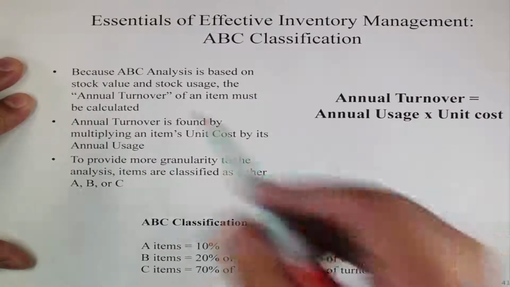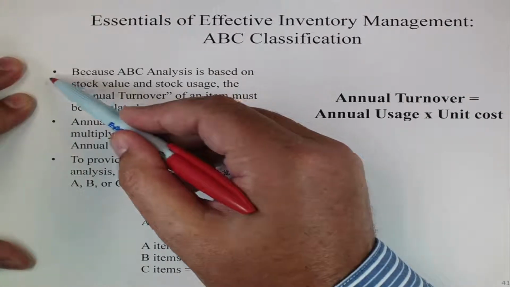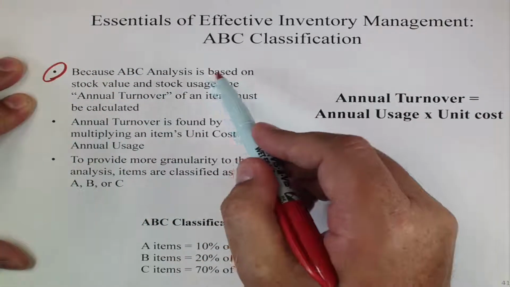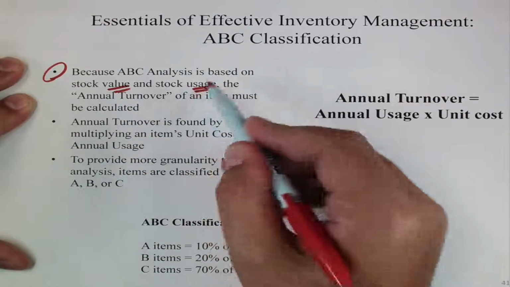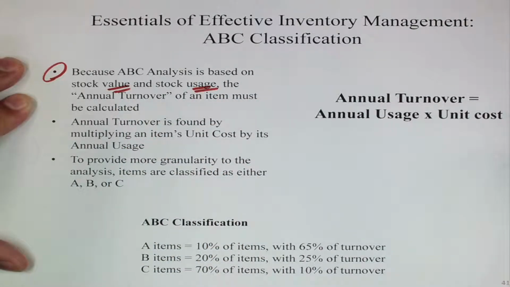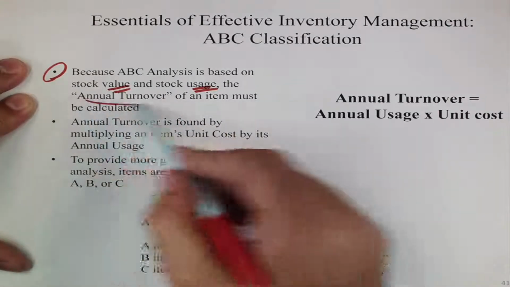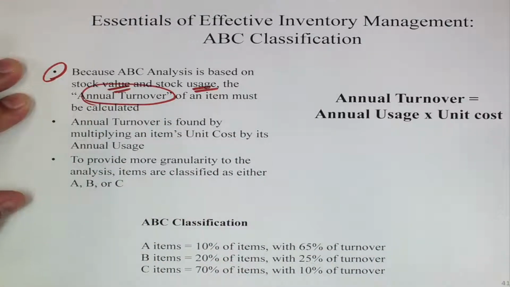To reiterate, in our first bullet point here, we're saying that ABC analysis is based on the value and the usage of the SKUs in question. That's referred to as the annual turnover. That's an important term that we want to be able to use in any facet of inventory management. So we want to be able to focus on the value of a given item, a given SKU, as well as its usage.